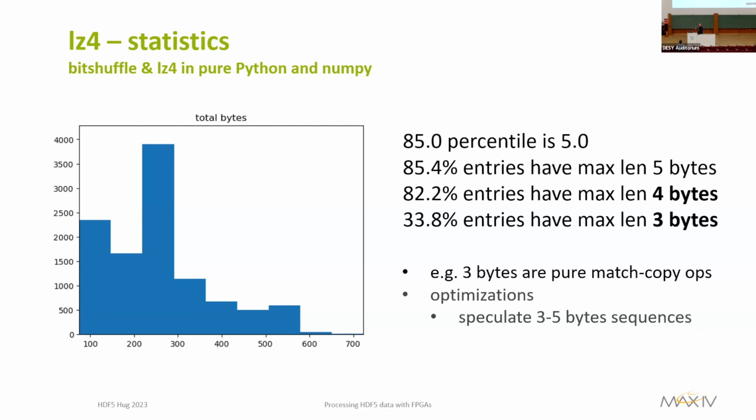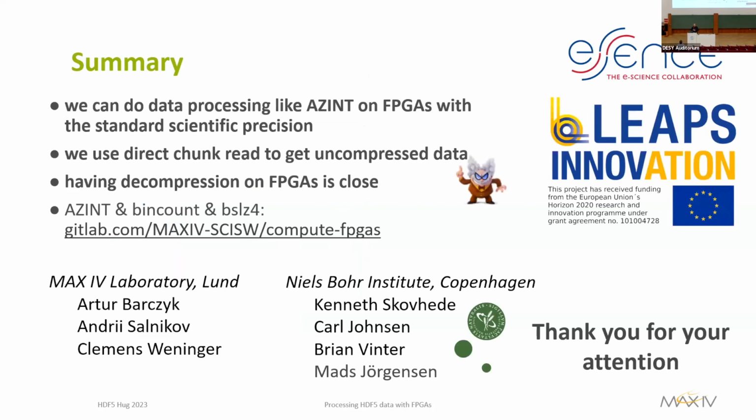So one can speculate on configurable hardware such as an FPGA. I can use some of the hardware to speculate that I have a sequence of 3, 4, or 5 bytes, and solve these in 1 clock cycle. With this I will handle about 85% of sequences.